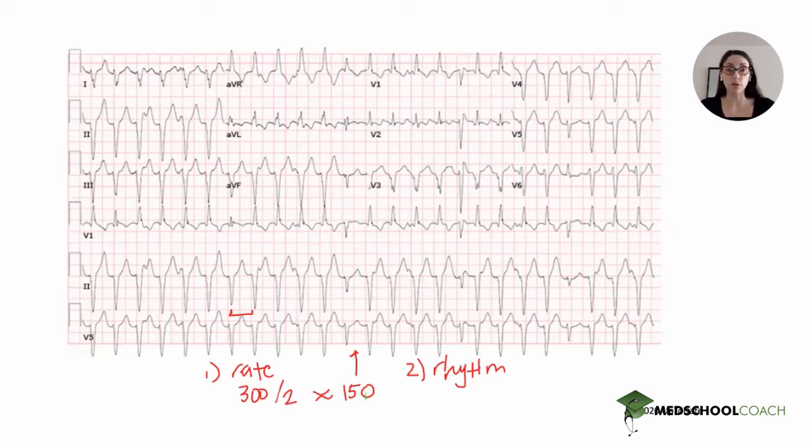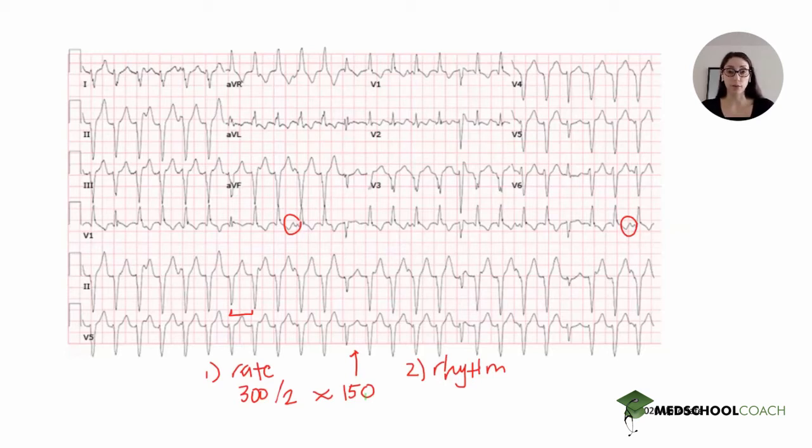We might be seeing a few interspersed here and there, for example, here or here, but generally there's not a P wave before every QRS, so we're not in sinus rhythm. But I would say that this is relatively regular. It's not looking like AFib, for example, where we're seeing very irregular intervals between the QRS complexes.